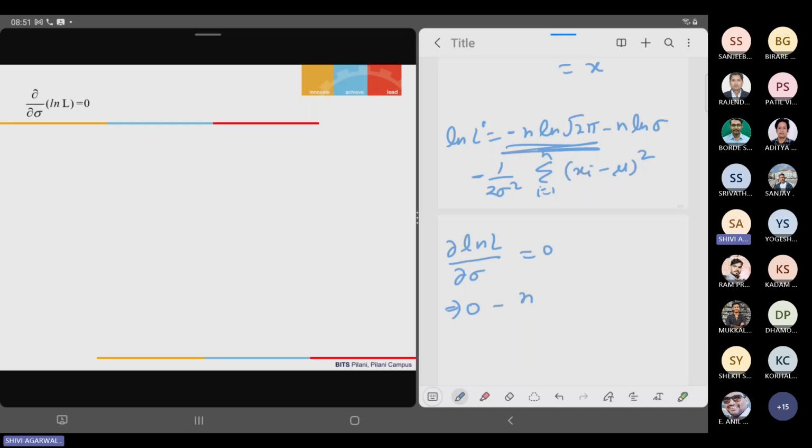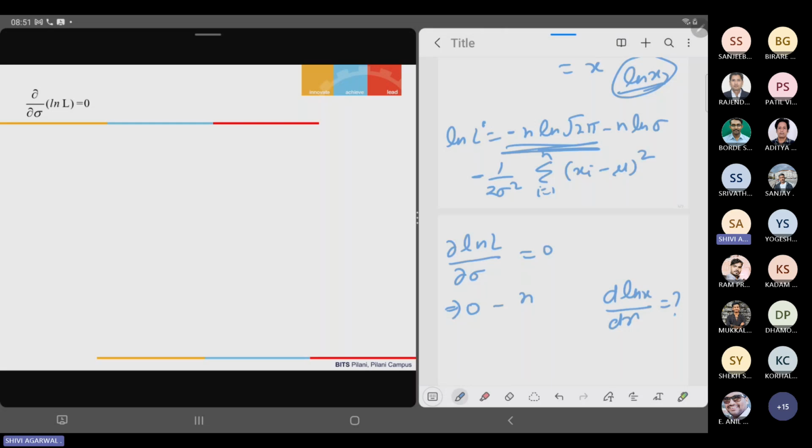Anyone who is remembering, they can recall. d of ln x by dx is equal to what? 1 upon σ, correct.